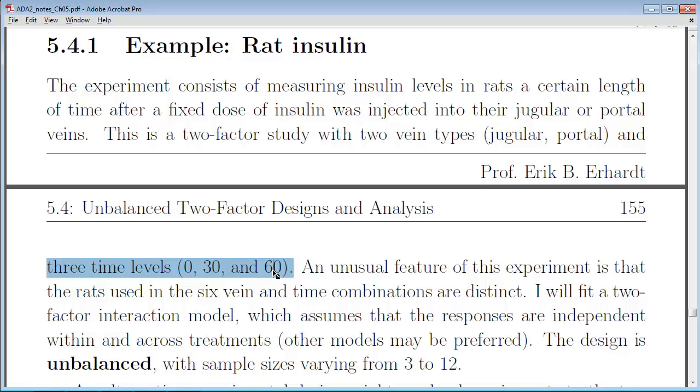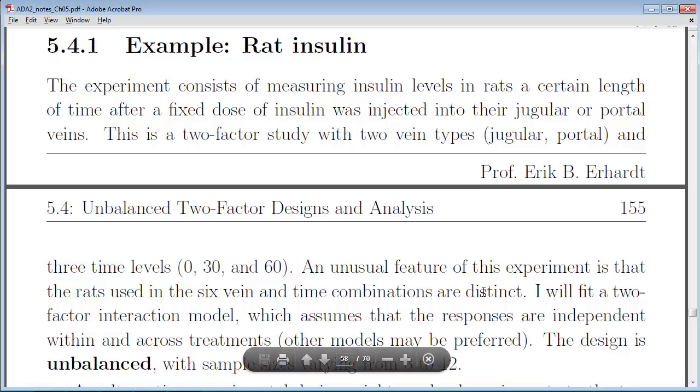But we're not taking those longitudinal or repeated measures on each rat. Instead, we inject all the rats, and then some of them are measured at time 0. Another distinct set are measured at time 30, and then the remaining are measured at time 60. So these are distinct rats.